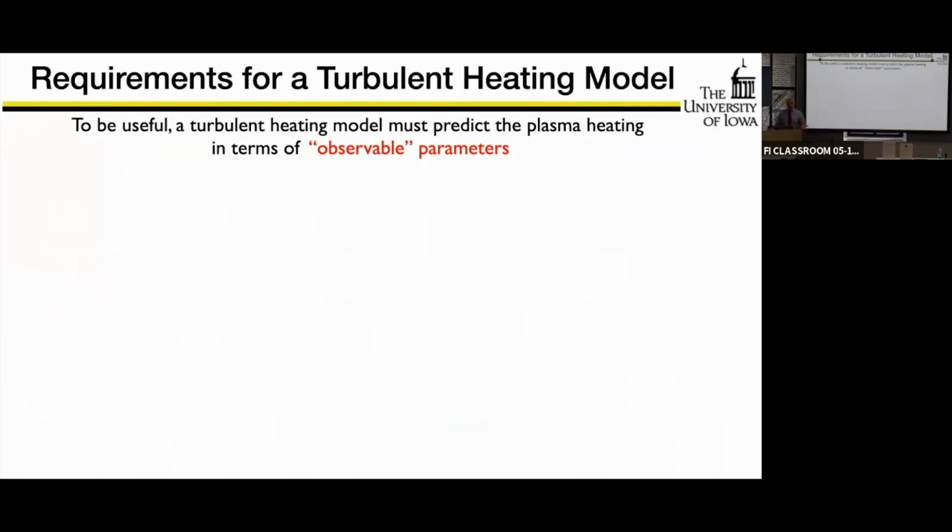Okay, so what are the requirements for a turbulent heating model? If we want this to be useful, the turbulent heating model has to predict the plasma heating in terms of what I'll quote as observable parameters. These aren't necessarily observable directly: if you want to understand the ion or electron temperature in some far-off system, or the magnetic field strength, you've got to interpret that from various things, like Faraday rotation to look at the magnetic field.